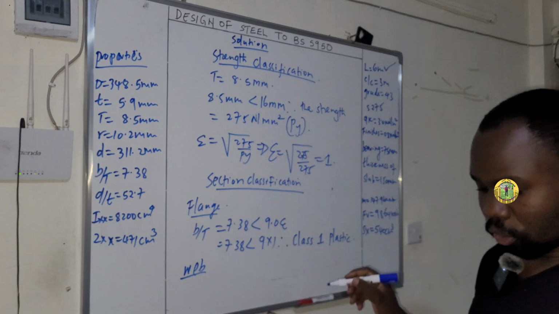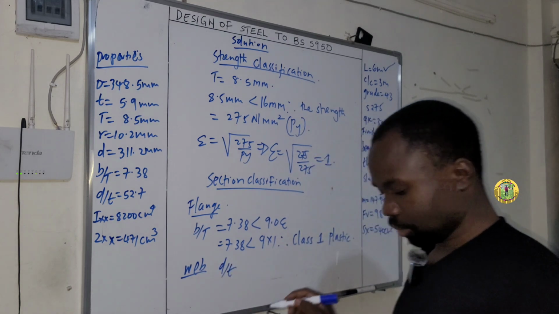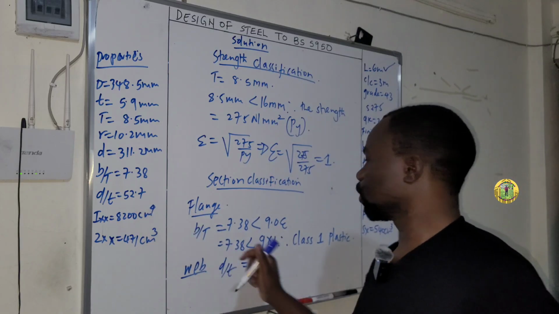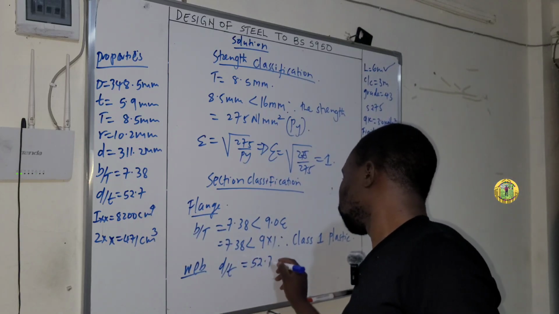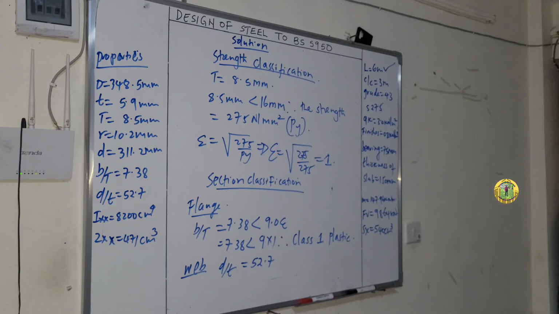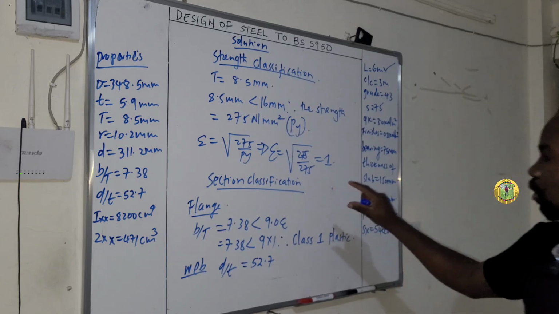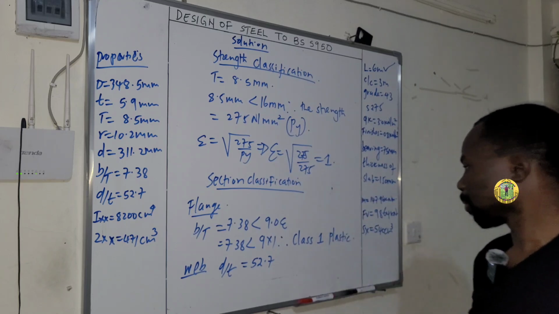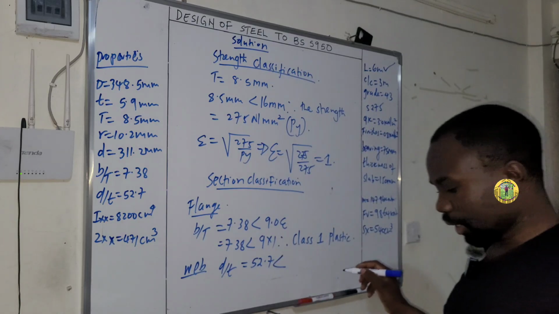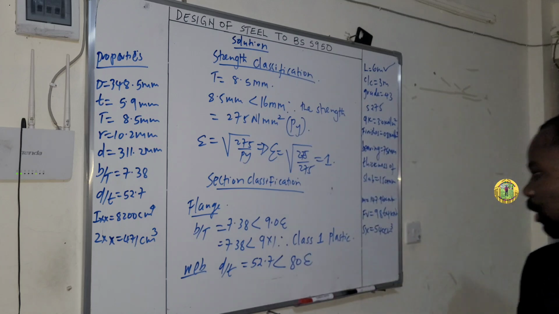So for web, we always use this ratio D over t. So D over t from the table of universal beams is 52.7. Again, from the section classification table, 52.7 is less than 80ε.